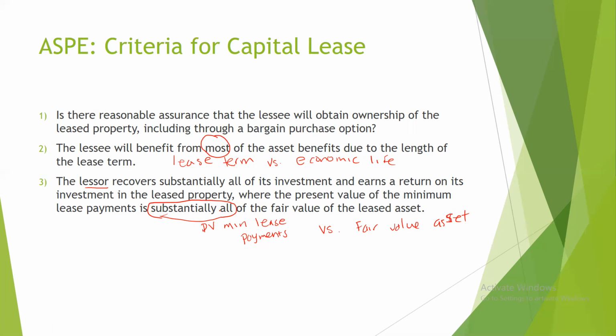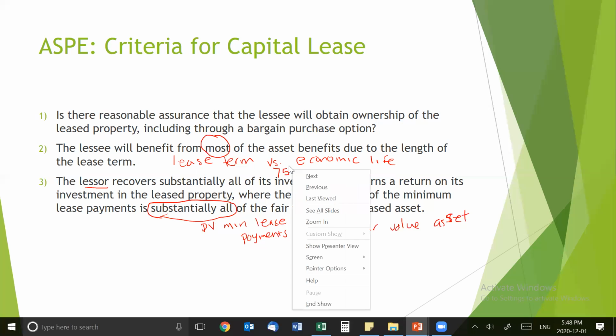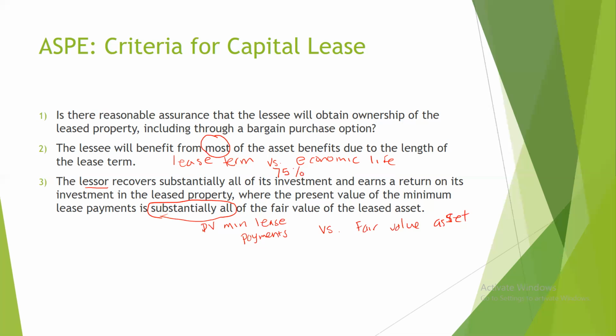There are guidelines that companies use to quantify these amounts. And for number 2, it is 75%. So in this case, most means 75%. So does the lease term cover 75% of the economic life? And when you're looking at substantially all, that means 90%.